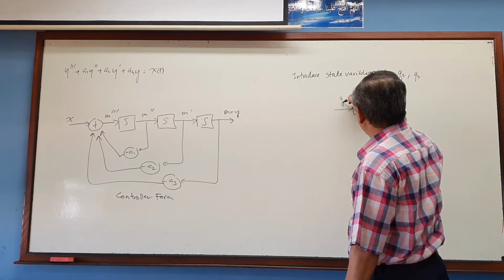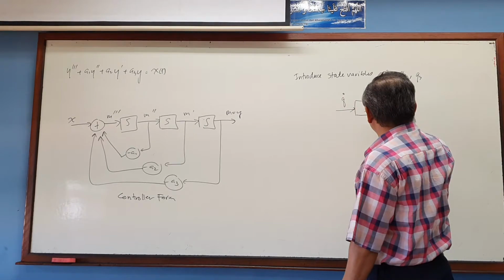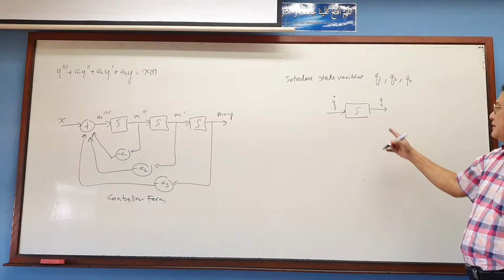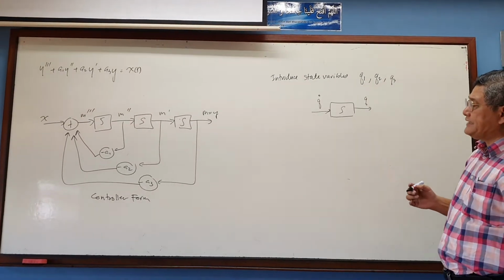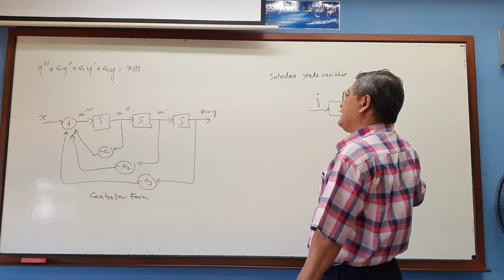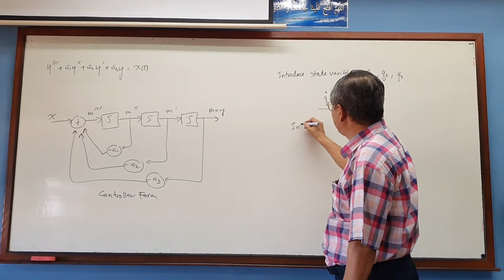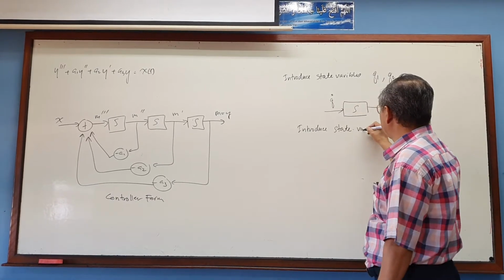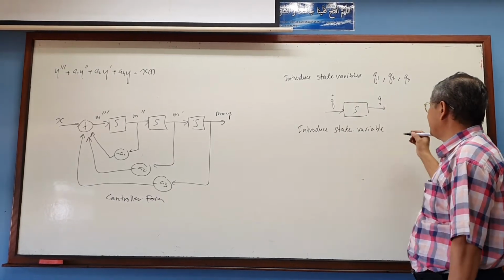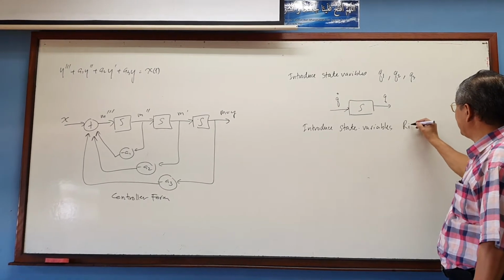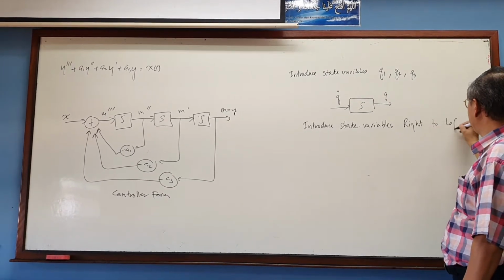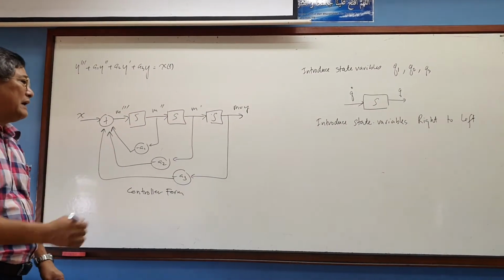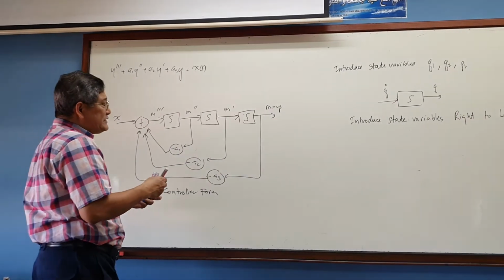This one will be your Q dot, and this one will be your Q. Q dot, integrate, there will be the Q. So we are going to introduce the state variables from right to left. For the controller form, introduce from right to left. So we're going to introduce the state variables.